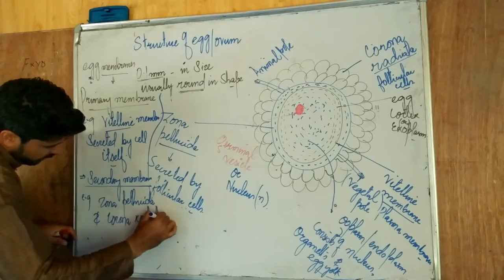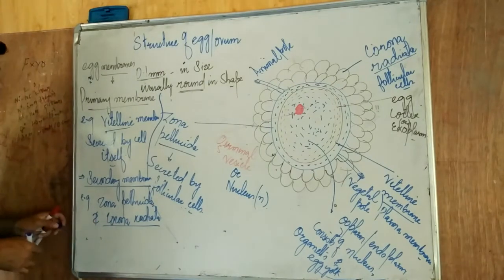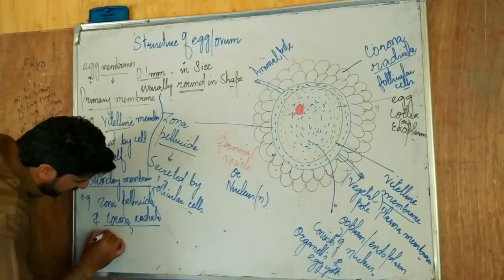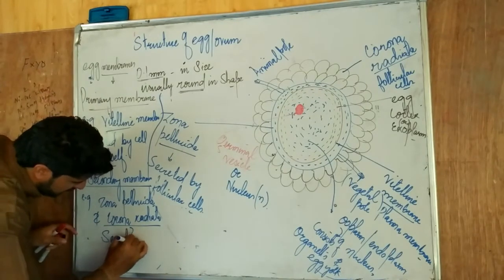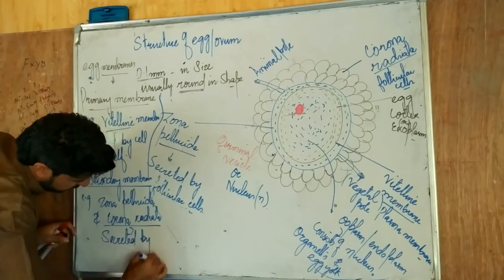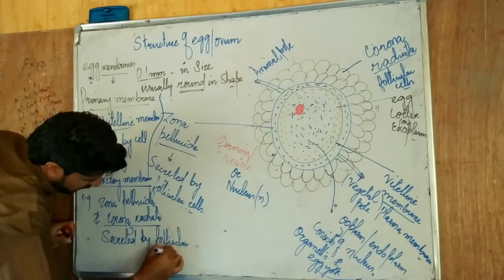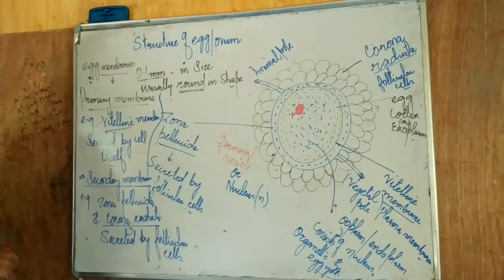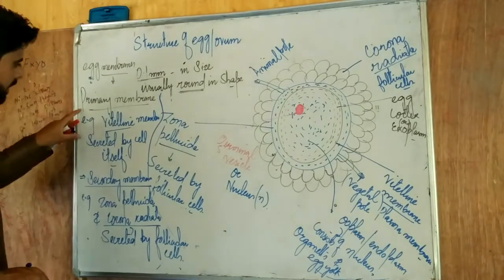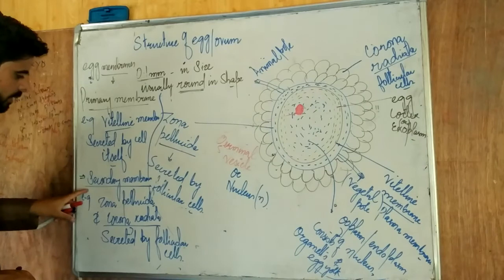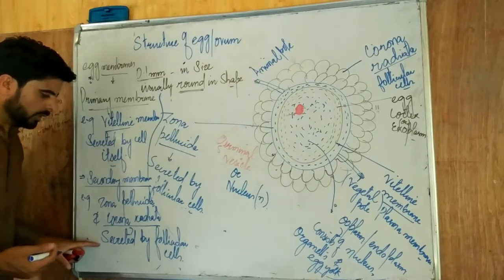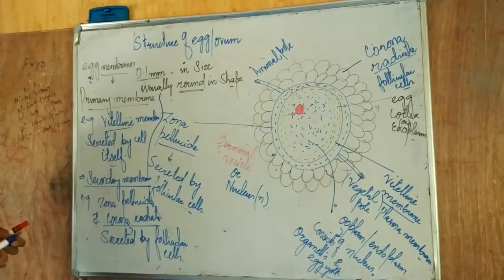These two are known as secondary membranes, and they are secreted by, or formed by, the follicular cells. You have to keep in mind that the primary membrane is the vitelline membrane, and the secondary membranes are the zona pellucida and the corona radiata, which are secreted by the follicular cells.